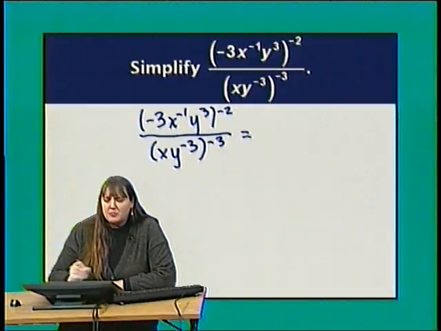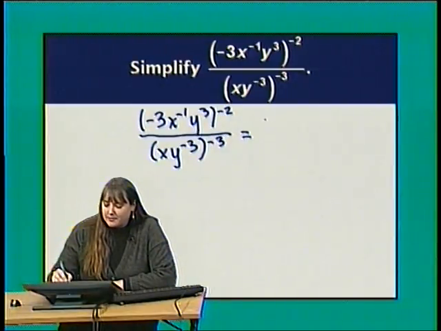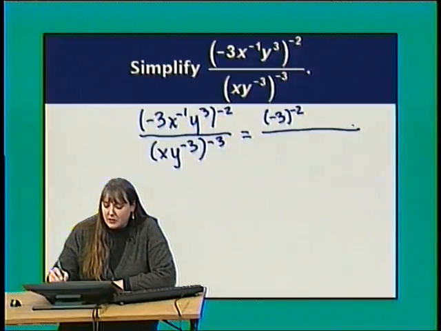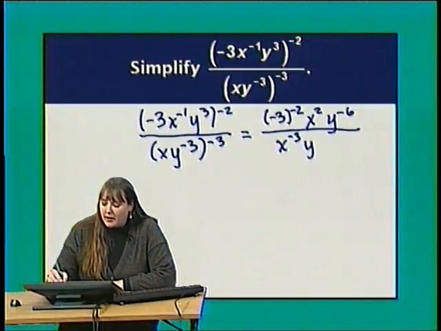What I think I'll do in this problem is go ahead and distribute the exponent through the numerator and the exponent through the denominator. So in this case, I have negative 3 to the negative 2 in the numerator, x to the positive 2, y to the negative 6. In the denominator, I have x to the negative 3, y to the positive 9.